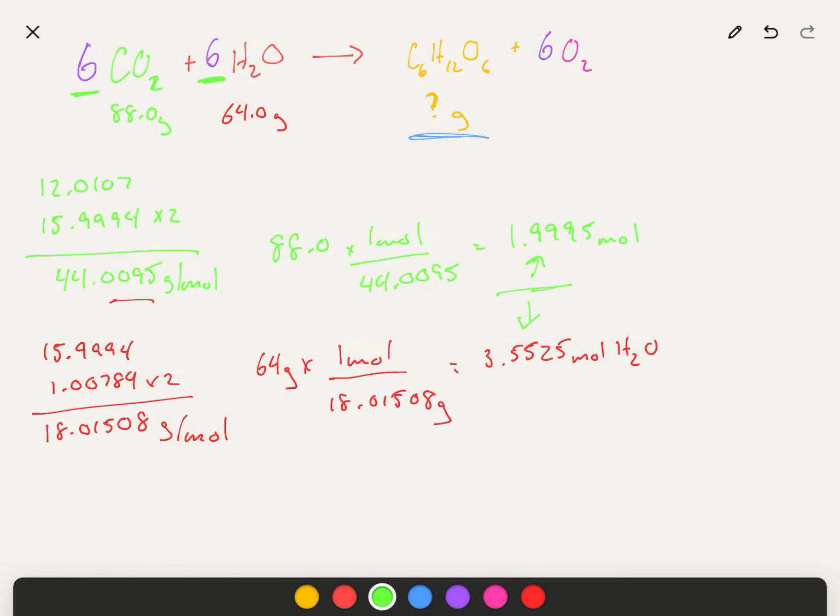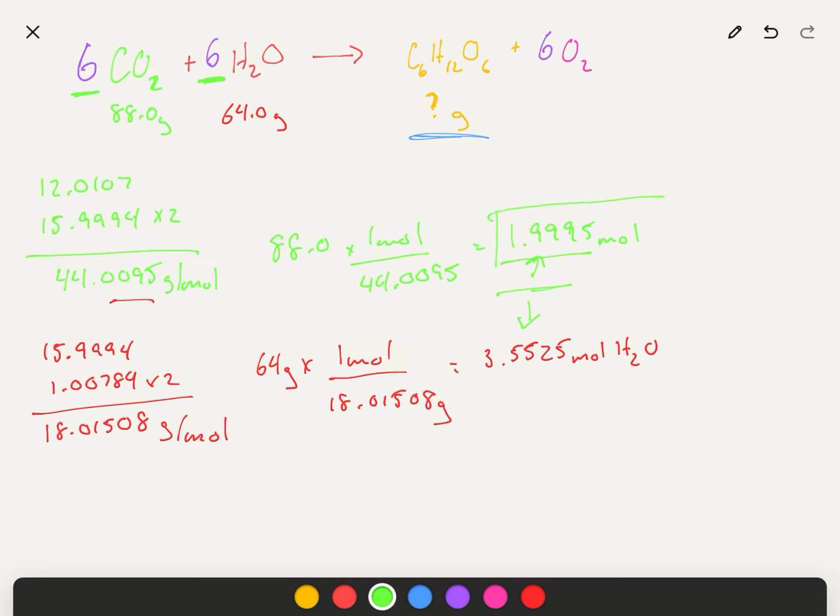Okay, so 1.9995 is smaller than 3.5525. So that means that when 1.9995 moles of carbon dioxide reacts, also 1.9995 moles of water will have reacted. So we're going to have extra water, another 1.5 moles of water, but we're going to be out of carbon dioxide, so the reaction is going to stop.